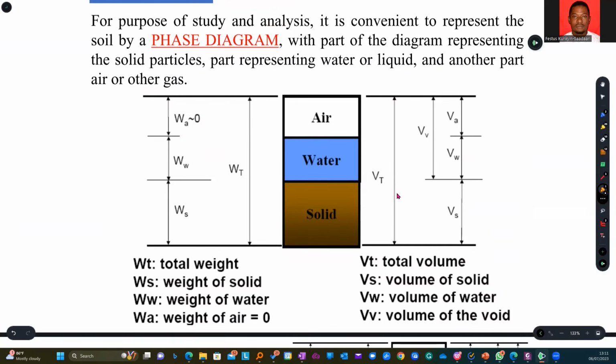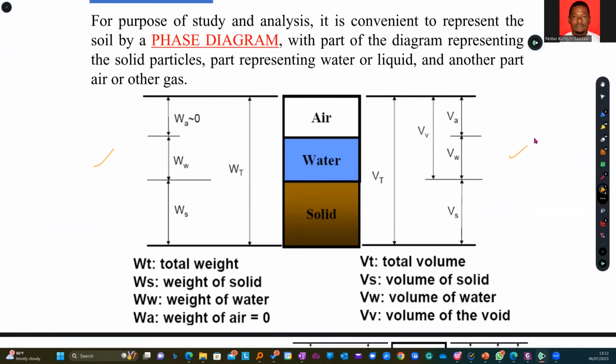And we said that with the phase diagram, we have the left section and the right section. The left section is usually used for finding the weight or mass relationships of the soil or rock sample, and the right section signifies the volumes.